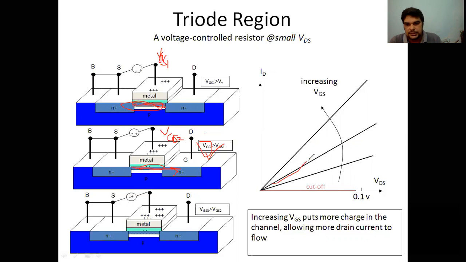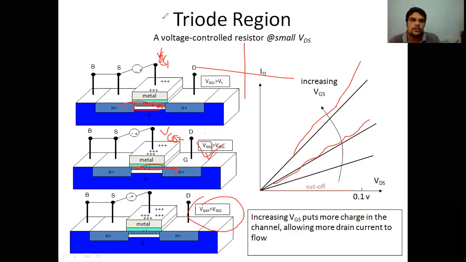So this is the case of this. And again if we apply VGS3 here, then we will get more drain current like this. So as we increase VGS, we get these curves. Drain current also increases, but it increases linearly as far as we have small VDS values.